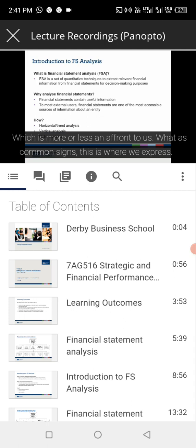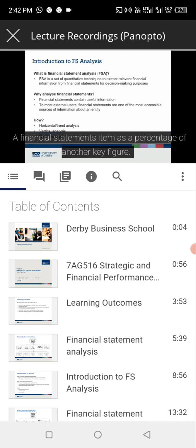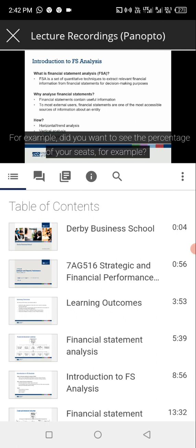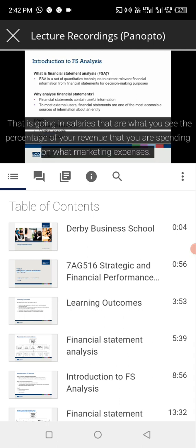Then we have the vertical analysis, which is more or less referred to as what? As common size. This is where we express a financial statement item as a percentage of another key figure. For example, you want to see the percentage of your sales, for example, that is going into salaries.